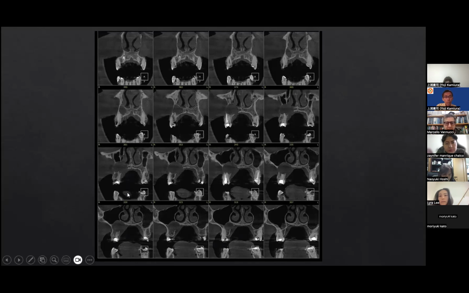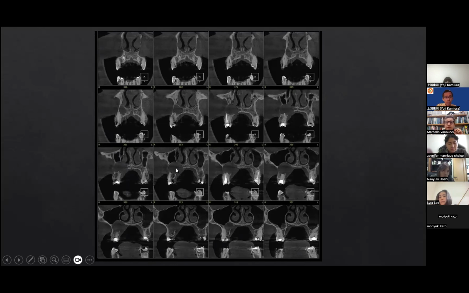And if you look carefully, we can see the expansion of the cyst on the sinus floor and the nasal floor too.